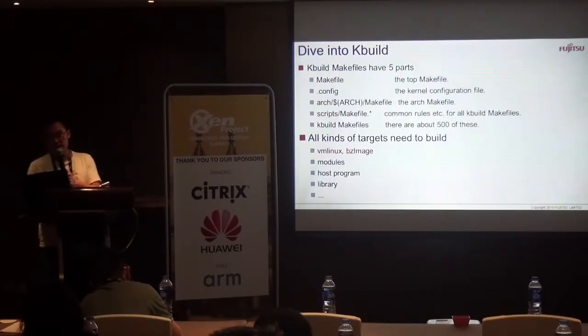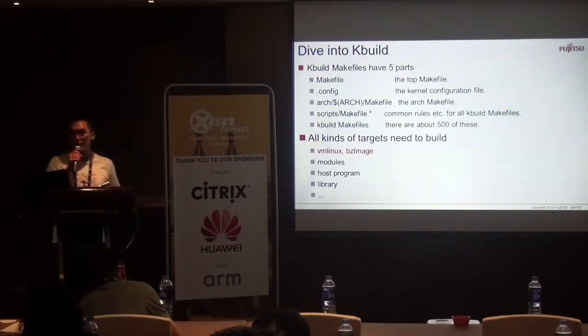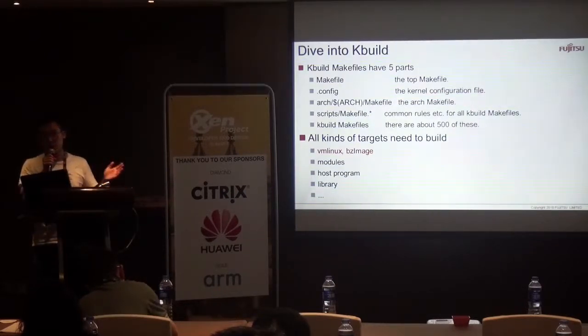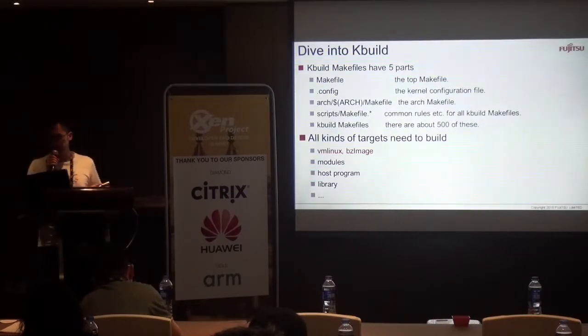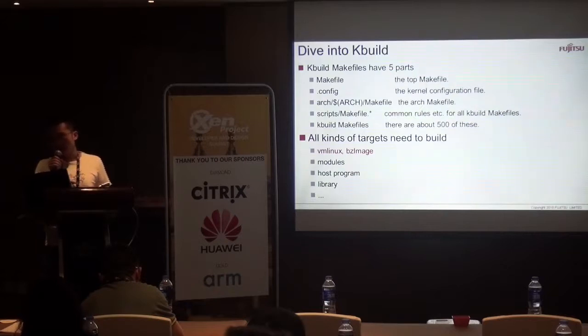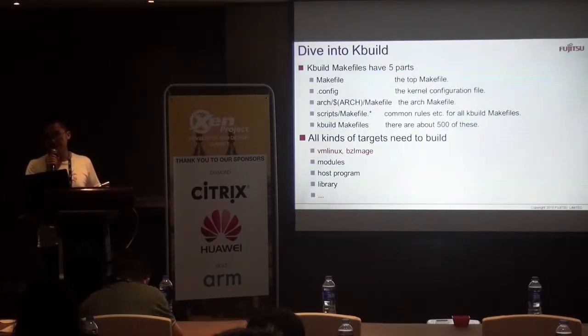Okay, when we talk about Kbuild, we actually refer to a lot of makefiles. The top makefile is the entry, which resides under the source root. The architecture makefile is a supplement for a specific architecture. And .config, you already know it.